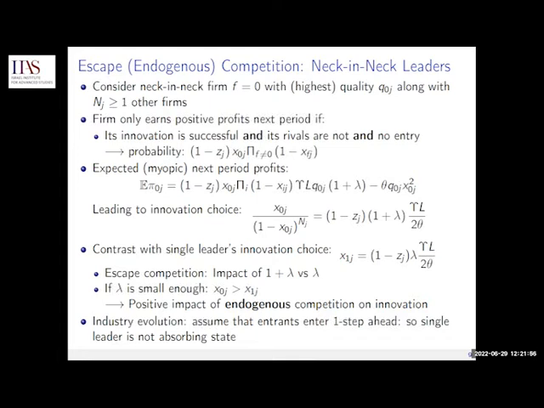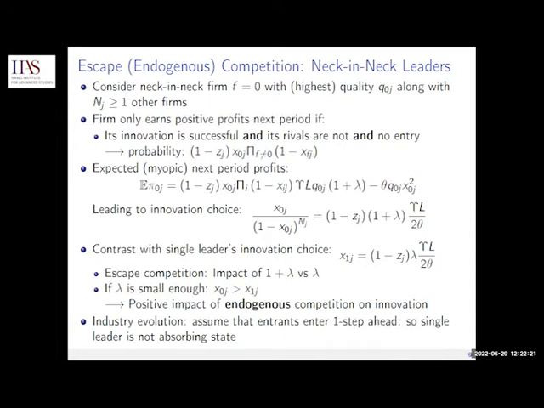Typically the way these models are solved, and I haven't closed that modeling part, is you have a continuum of these sectors J, right? This model is going to predict a distribution of how many sectors have just a single leader and how many sectors are neck and neck.